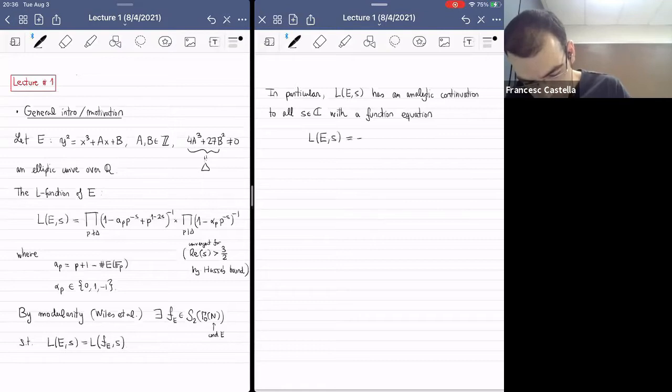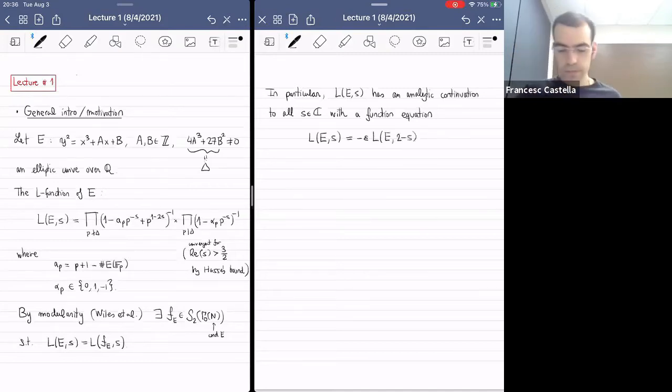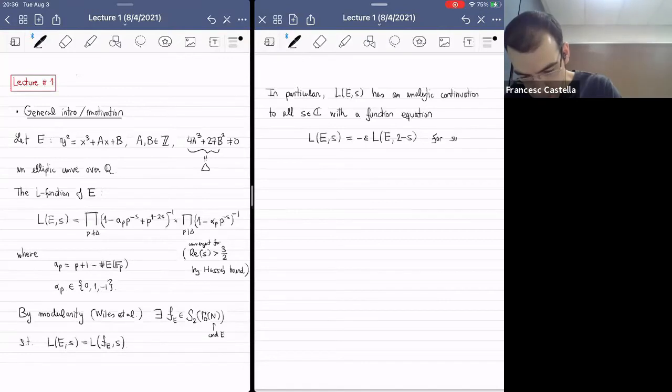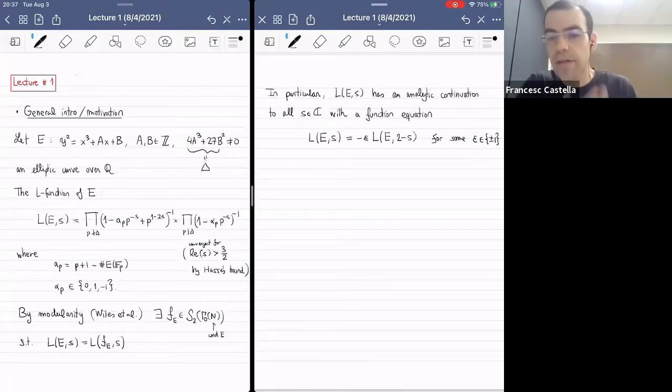In my convention, I'm just going to write it as minus epsilon, where epsilon is plus or minus 1. This epsilon arises as the eigenvalue of f under the Atkin-Lehner involution, so the sign in the functional equation is the opposite to that. In particular, we see that s equal to 1 is the center of this functional equation, and therefore the behavior of L at s equal to 1 is of special interest.